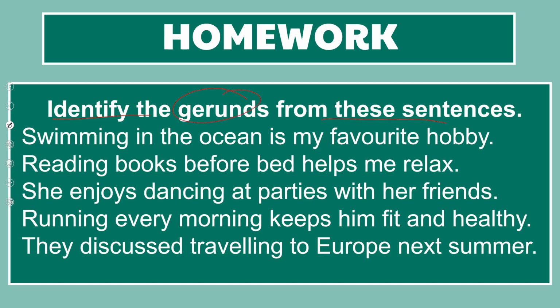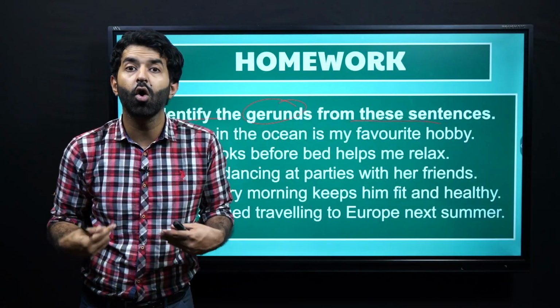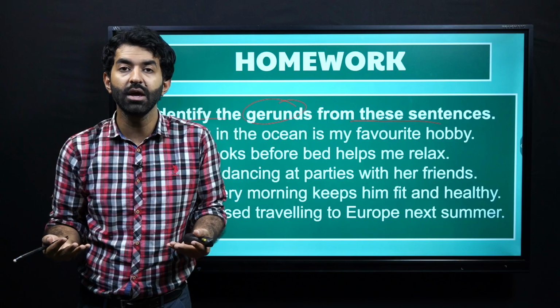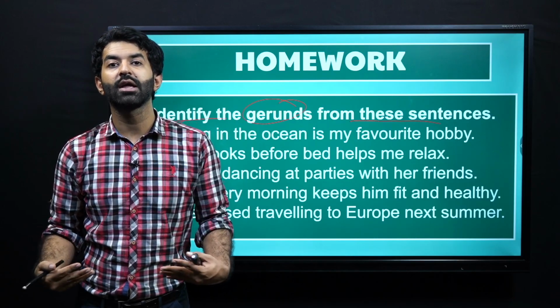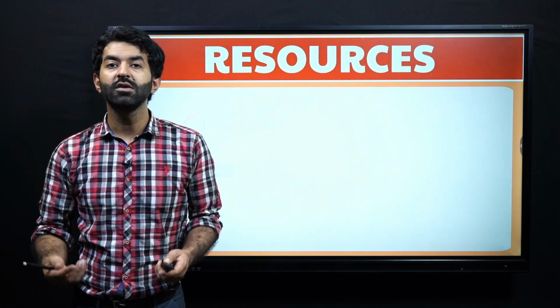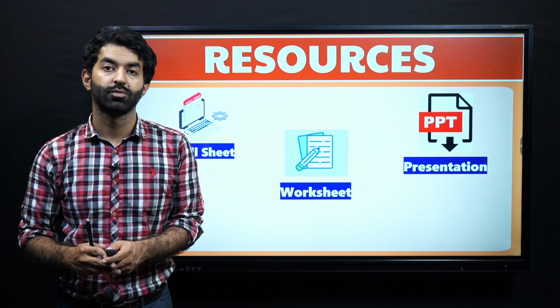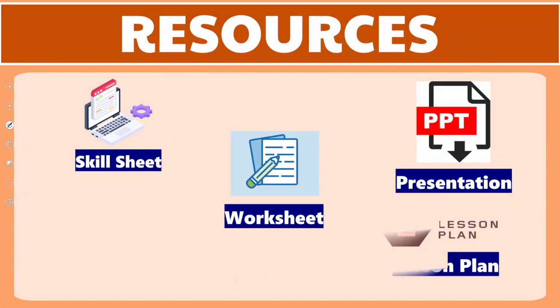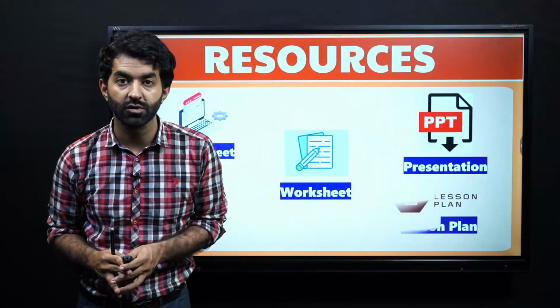For example, swimming in the ocean is my favorite hobby. Swimming is an activity, it's the name of an activity or a hobby, so it's a noun, and we can tell information about this noun as we like. All these resources are added in the description of the video. You can find them and practice your understanding of the student learning outcome.